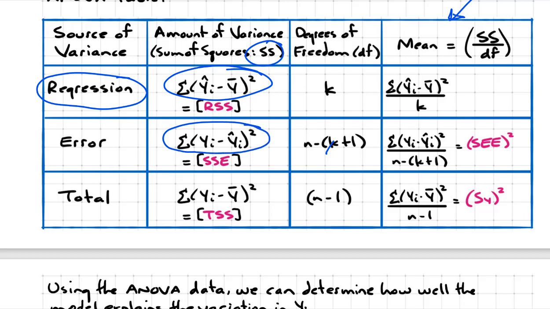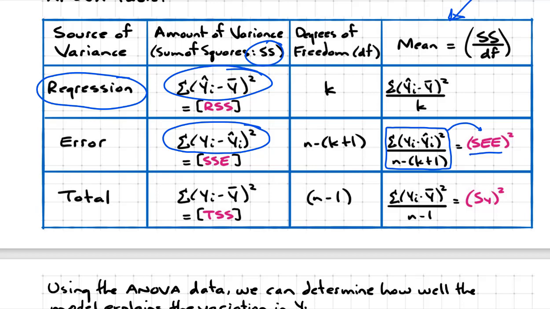We take the sum of the squares and divide it by degrees of freedom. But ladies and gentlemen, when you do that, this will look familiar, because in a previous module, we determined that this is the framework for calculating the square of standard error of estimate. So that's what this is.